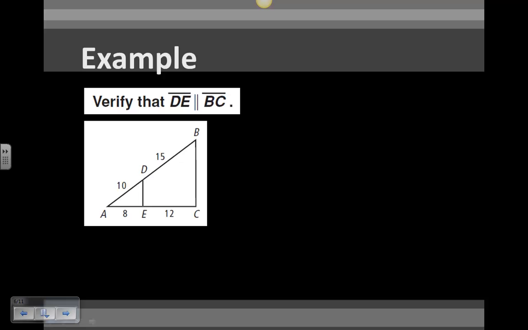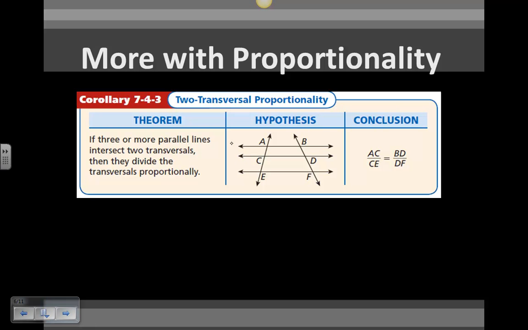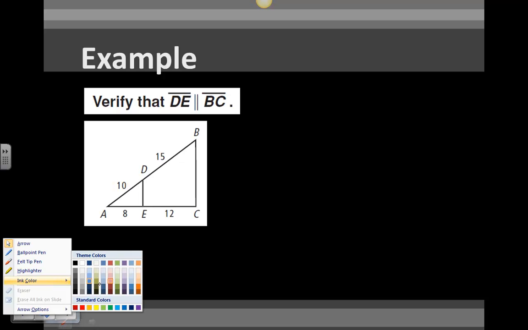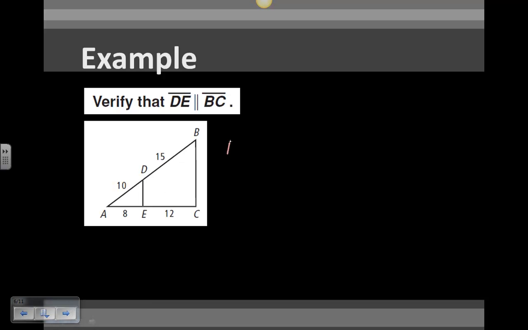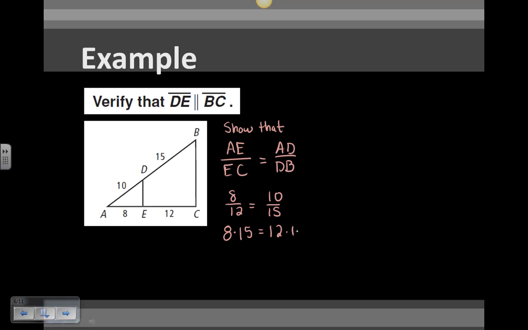We can verify that they're parallel simply by showing that AE is to EC, just as AD is to DB. So if we say 8 is to 12, just as 10 is to 15, and we find the cross products, 8 times 15 equals 12 times 10.